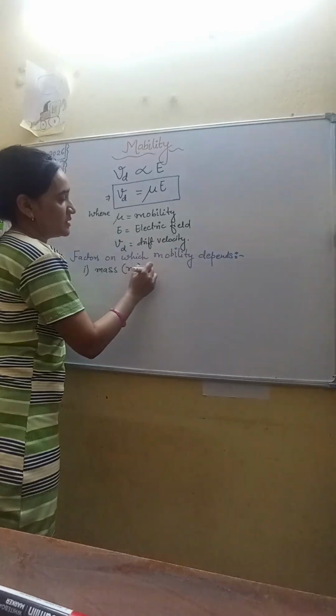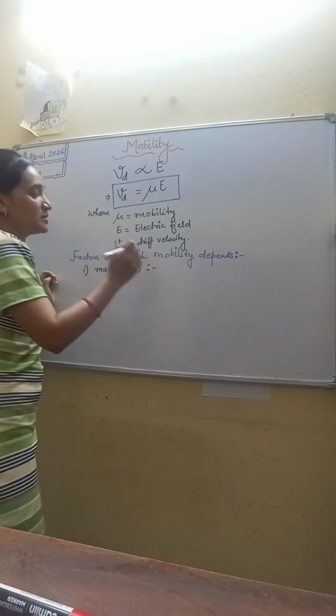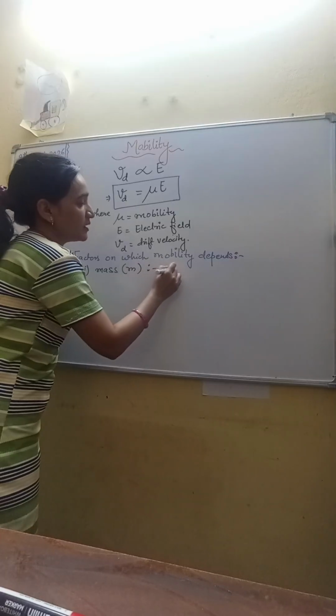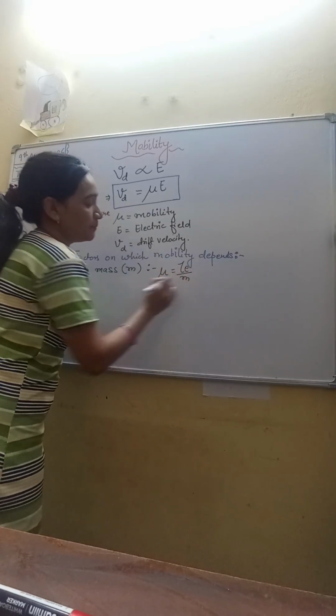There is one more relation of mobility and the mass. Here mobility can be given as mu is equal to tau e by m.